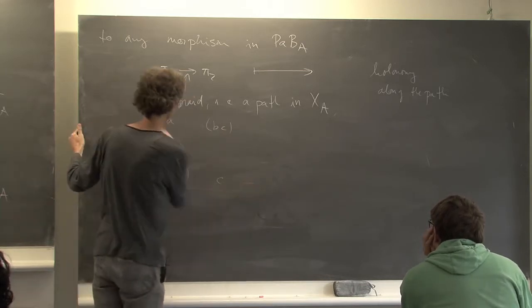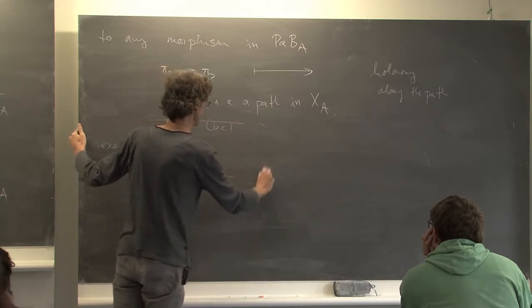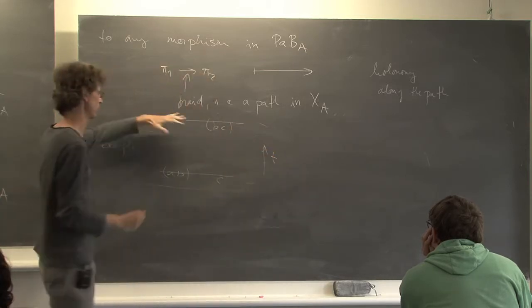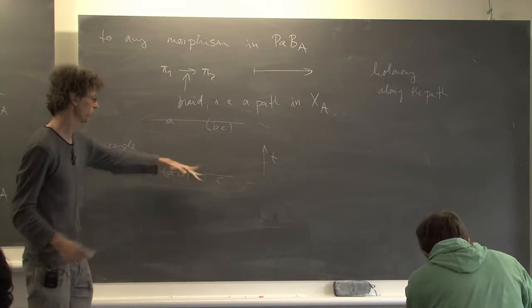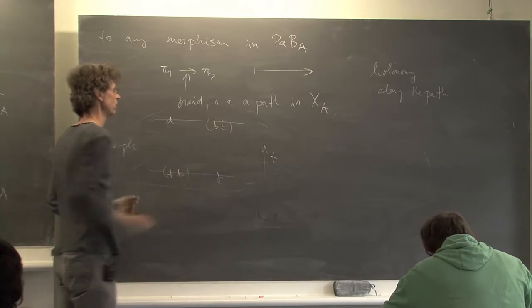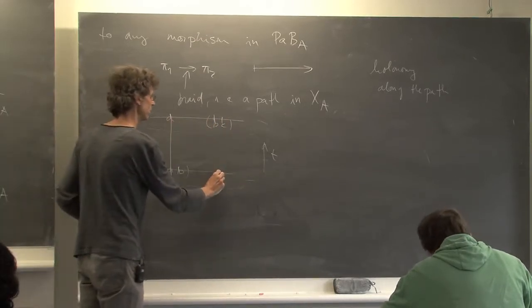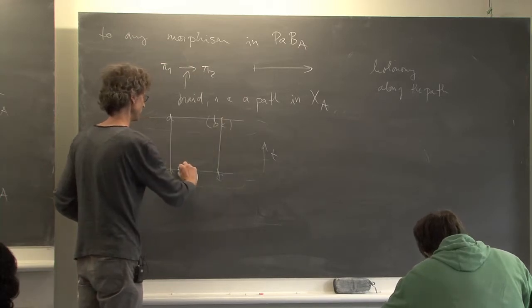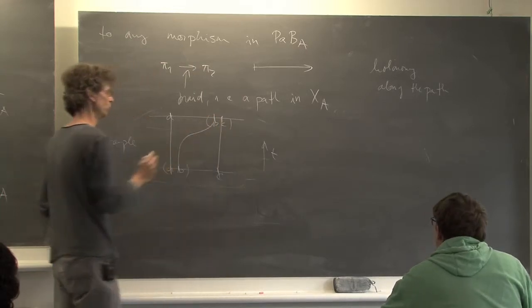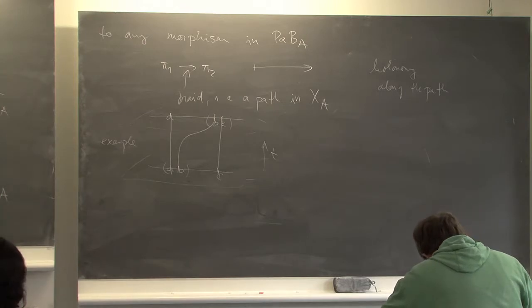Just imagine this is the time. Here is the plane. These points actually lie on the real line. And now with time, the thing remains. It's only this guy who moves. So it's a particle case.